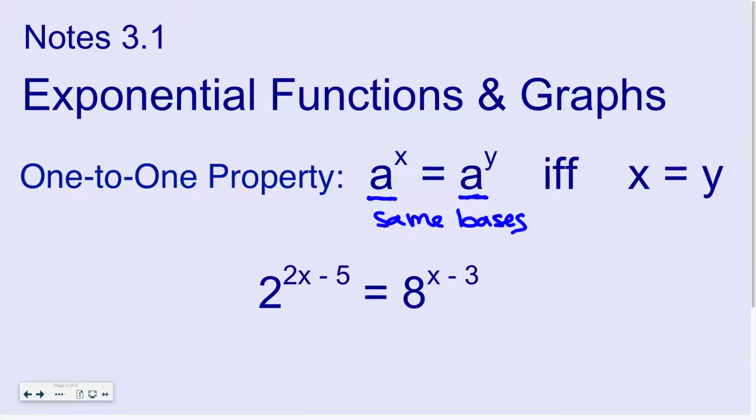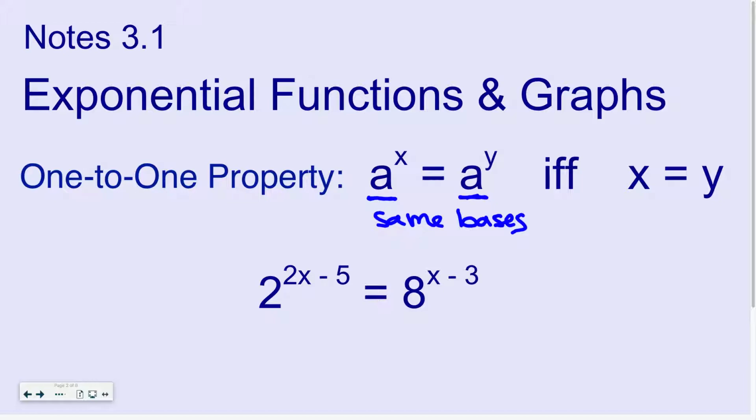So it's like base a for both, right? Think about that in terms of numbers. 8 squared will only equal 8 squared. If I put any other exponent in, it's going to equal some other number, right? So if you have the same base, then the exponents have to be the same for it to be equal.